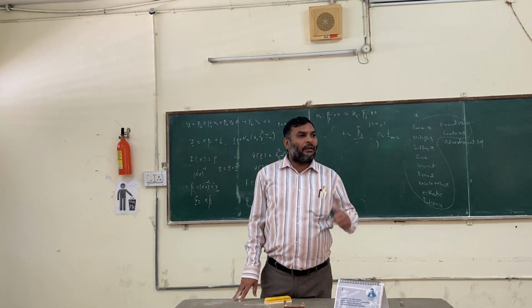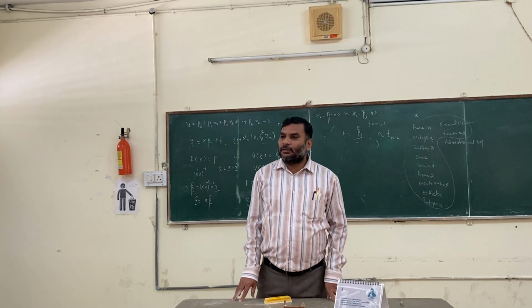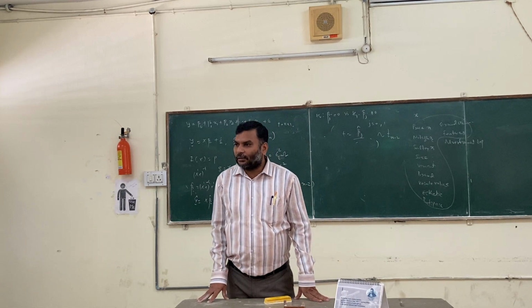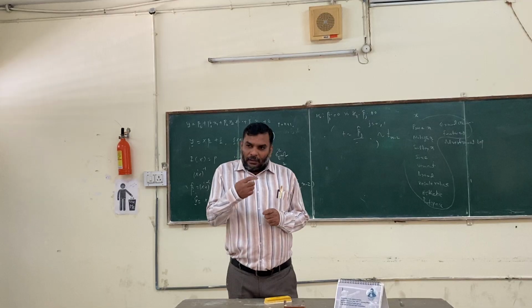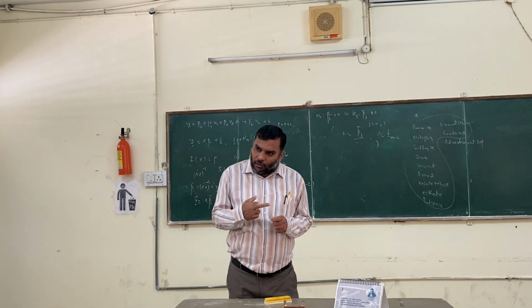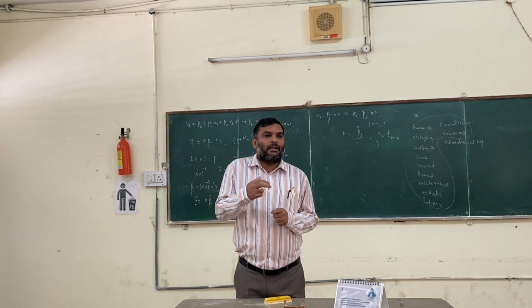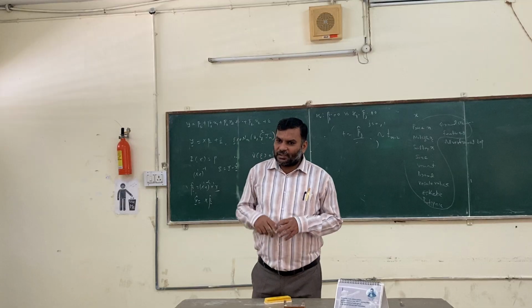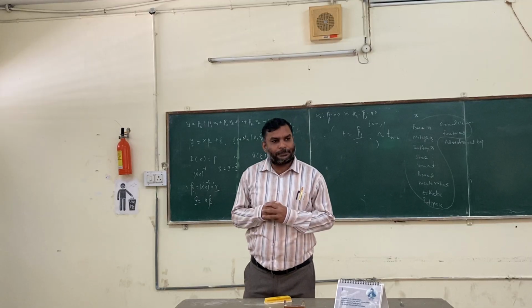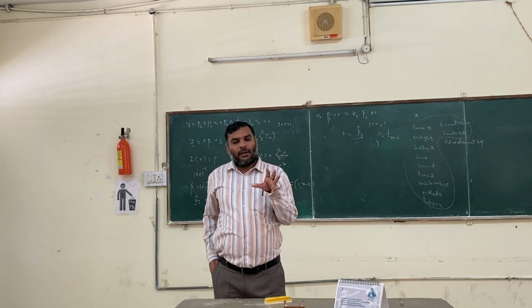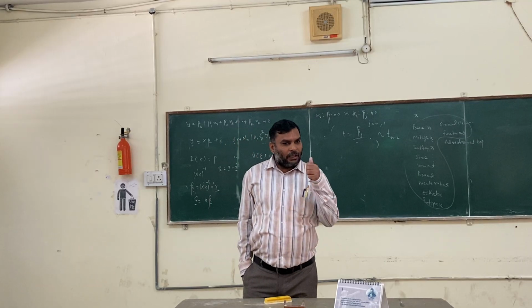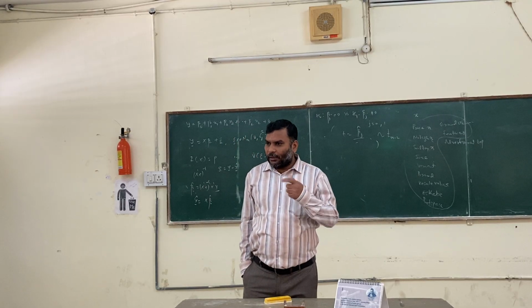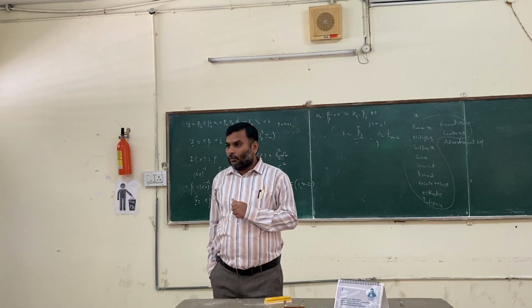When the errors or disturbances are correlated with each other, we say it is autocorrelation, self-correlation. So when developing models in multiple linear regression, you can have these two problems, heteroscedasticity as well as autocorrelation.